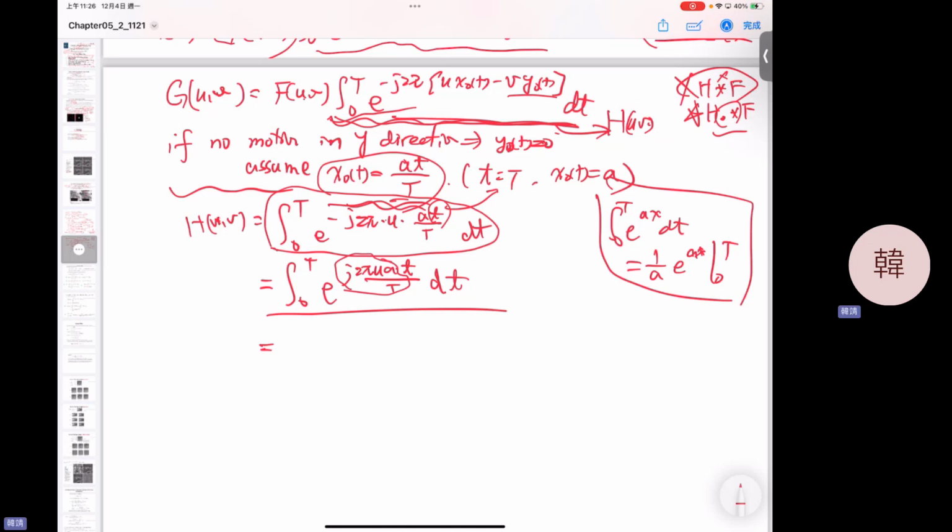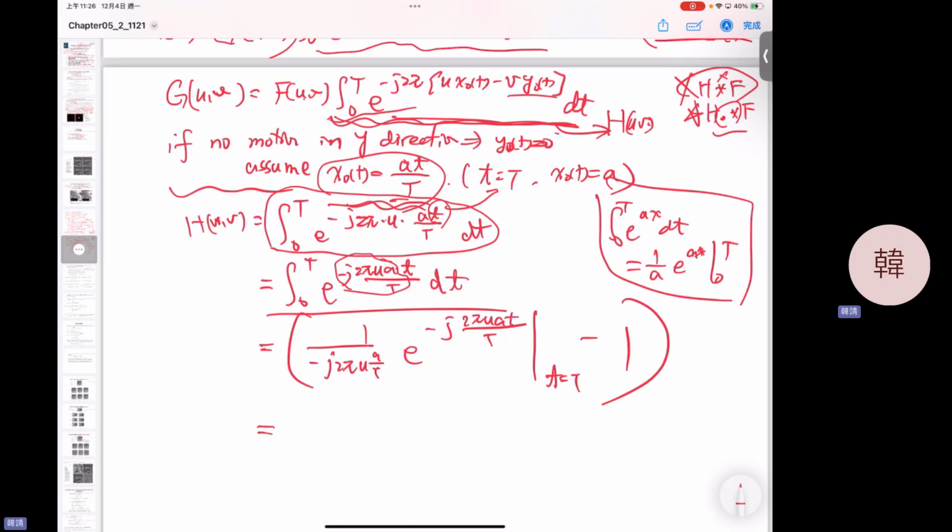So you just put this in: e to the minus j 2 pi u a t over T, and then evaluate t equal to T minus t equal to 0. At t equal to 0 it is 1. Should be immediate, right?